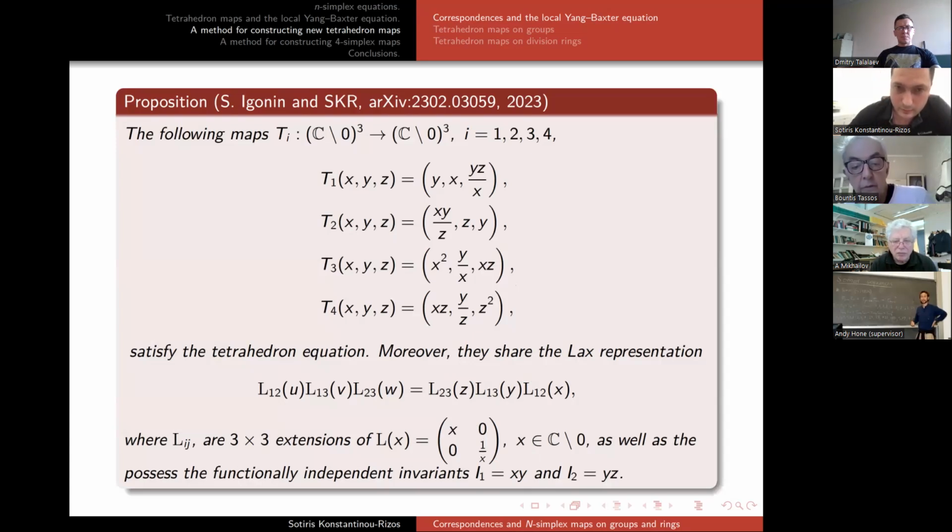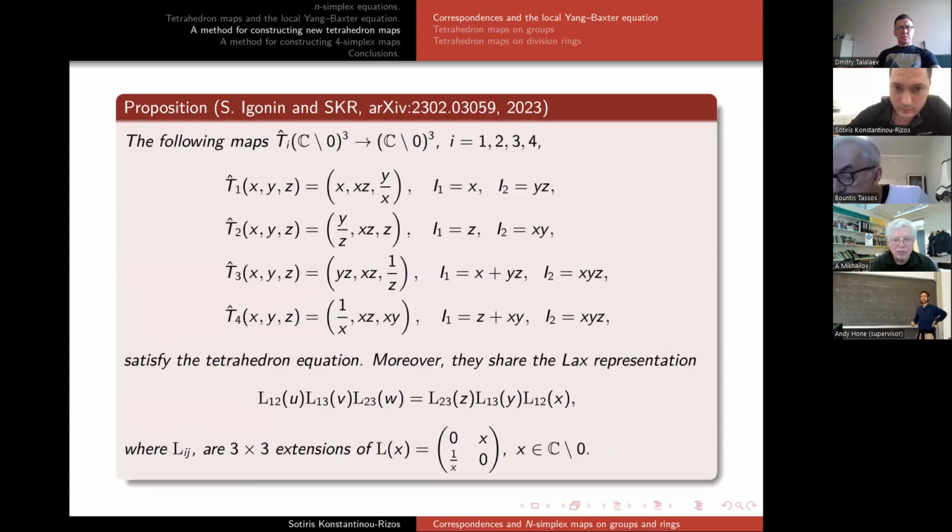Also, you can get a second list of maps together with invariants, all of them generated by this matrix. It has the same elements, but they are placed on the anti-diagonal. Again, you get a correspondence with a free variable, and for a particular choice of this variable, you obtain these maps.